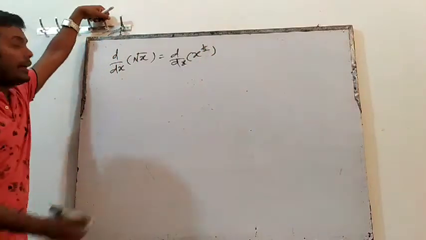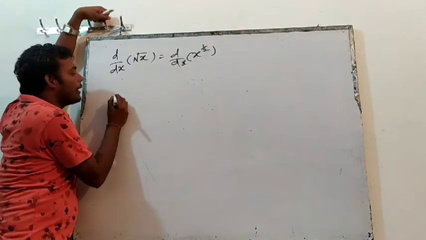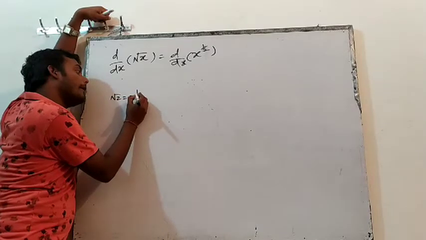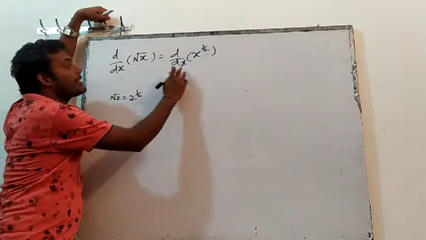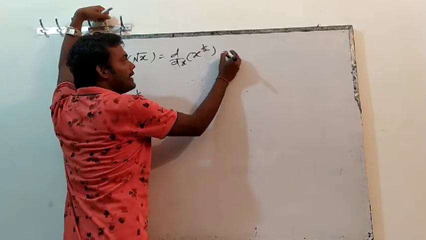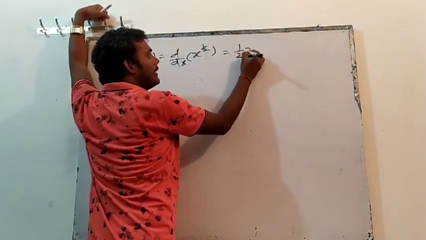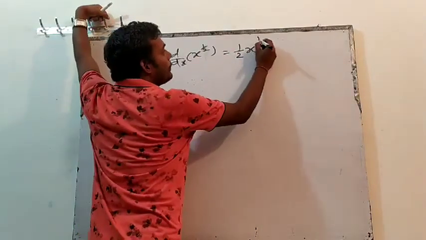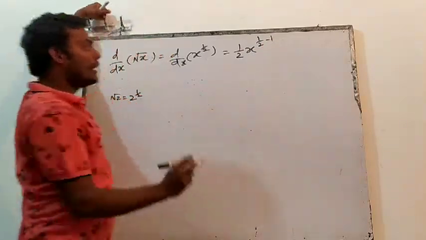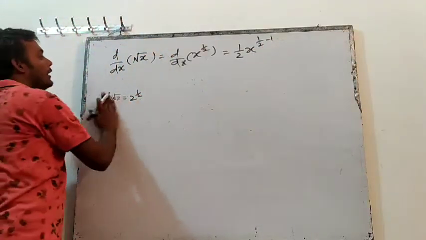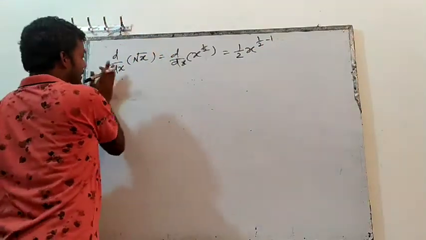Because root means, root 2 means 2 to the power half, right? Like that, root x means x to the power half, and this power will come here. Then we will add x. Then we will do power minus 1. Half minus 1. So that will be the differentiation. Hope you have understood this.